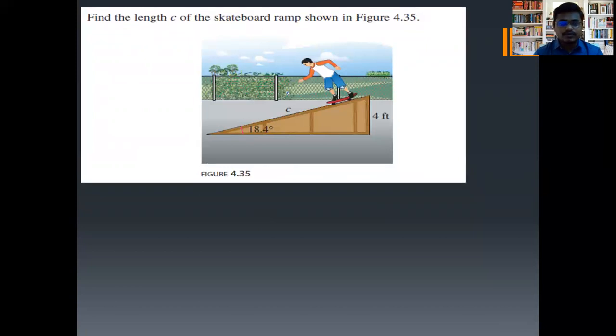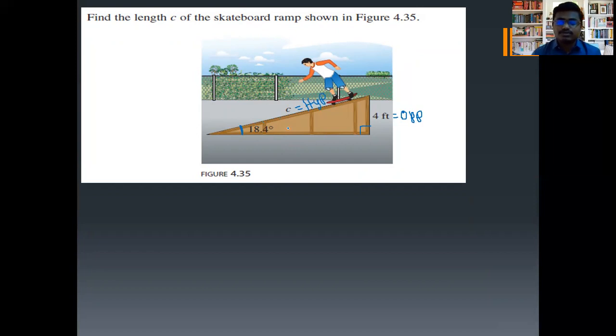Let's say one boy is sliding on a ramp, and we have an angle of 18.4 degrees, and the height of the ramp is 4 feet. We can take this as the opposite, because the angle is located here, and we should find this length, which is the side opposite the right angle, so this can be written as the hypotenuse.